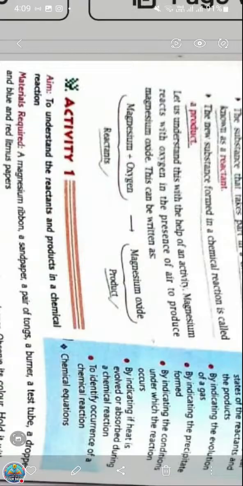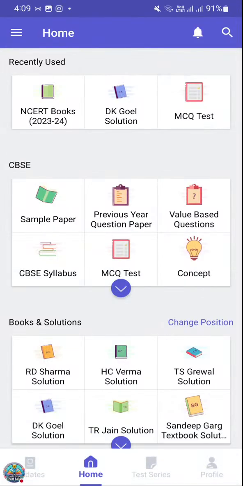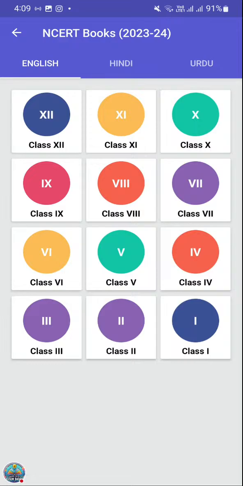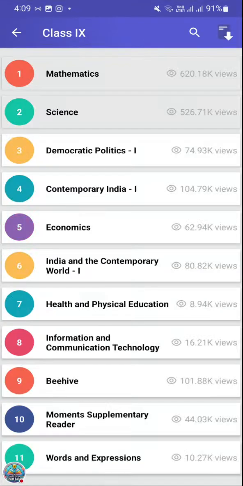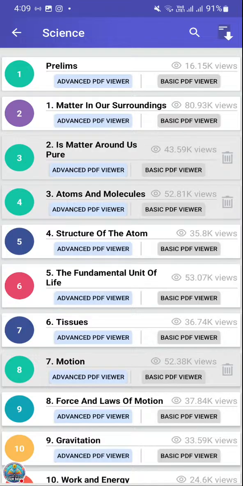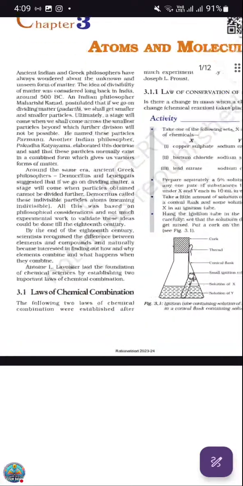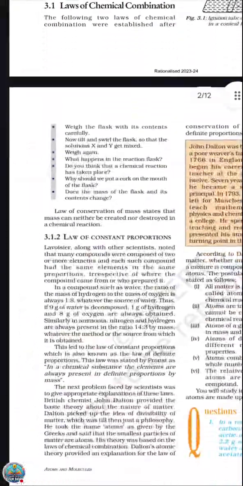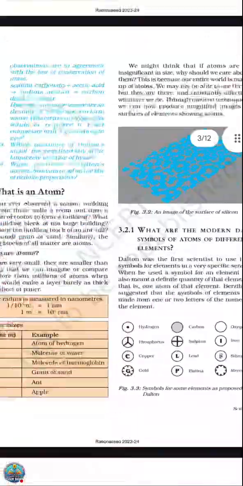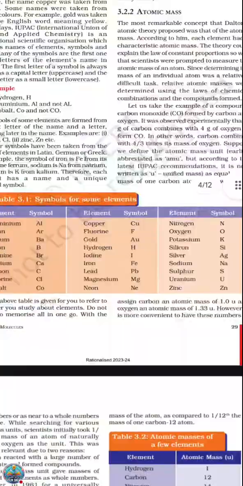Okay, wait for a few minutes, I'll show you. See here, in this chapter, you'll be having some symbols.